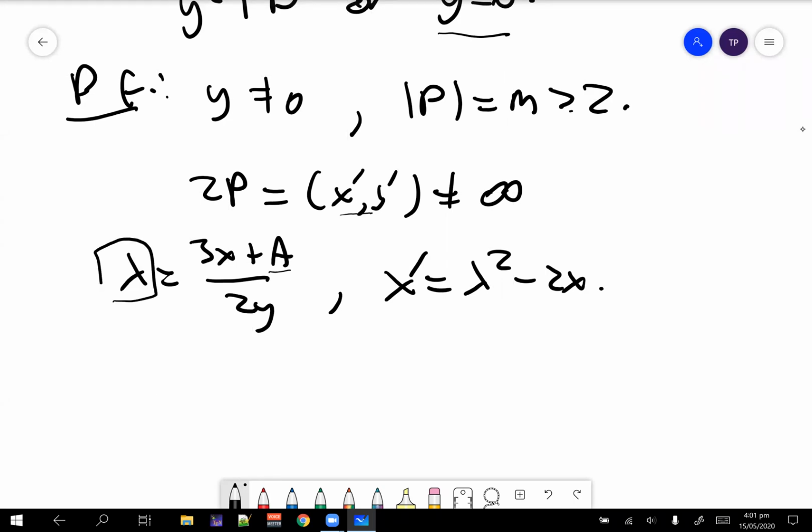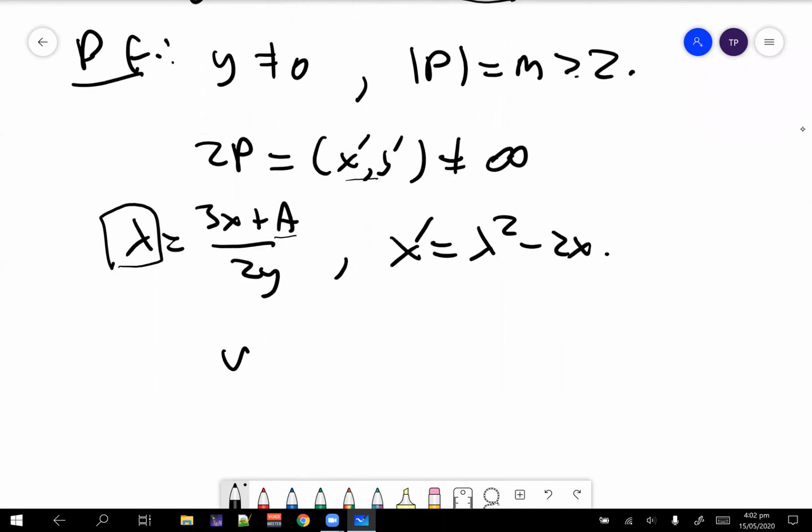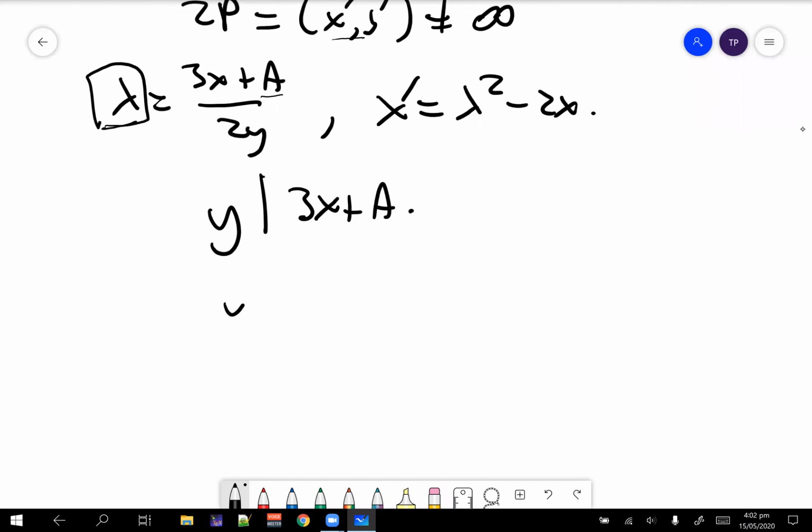That means lambda here is an integer, and since this is an integer, 2y must divide 3x² + a, or in particular, y must divide 3x² + a. And then from before, we also have this thing. Actually, we have equality on both sides, but we only need that.